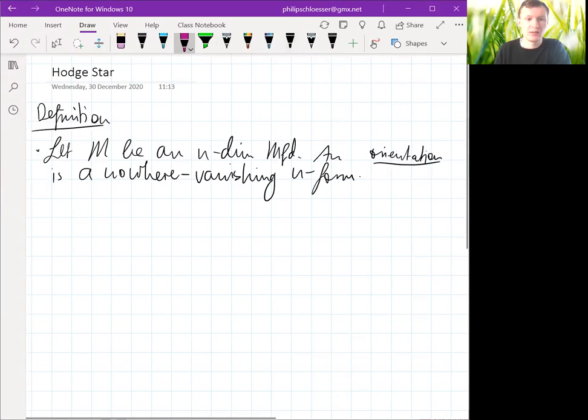Notice that those are the same n, so we're looking at a form of the maximal degree, and it's global, and it has to be nowhere vanishing.